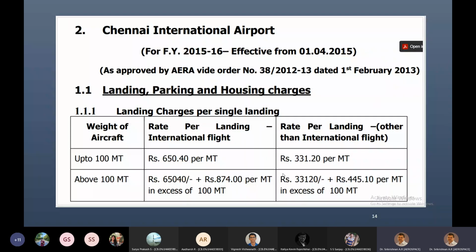The airports were all functioning in red, very understandably, because a major source of revenue was cut. And not just a major source, practically all sources of revenue were cut off. So this is just an example of landing charges with respect to a specific aircraft.